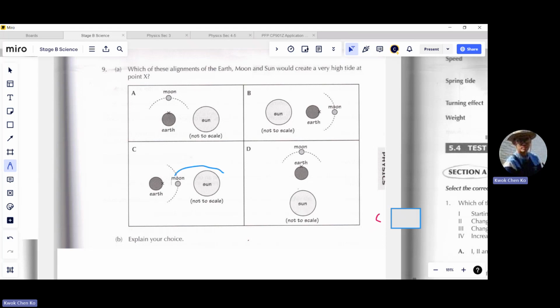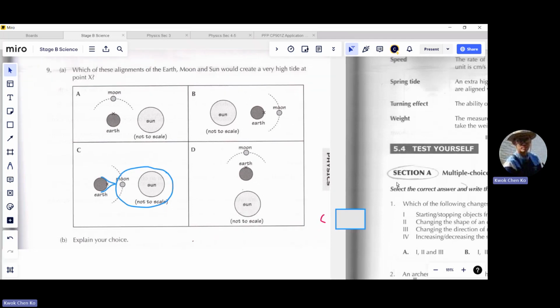Did you not say that when these two are aligned, you have the strongest tie? But anyway, don't worry, this will not come up for you.